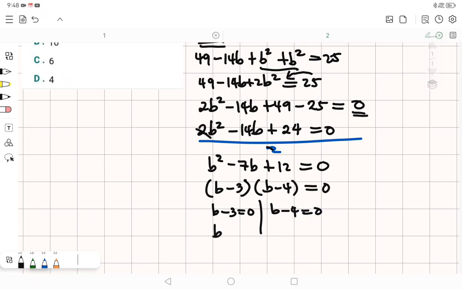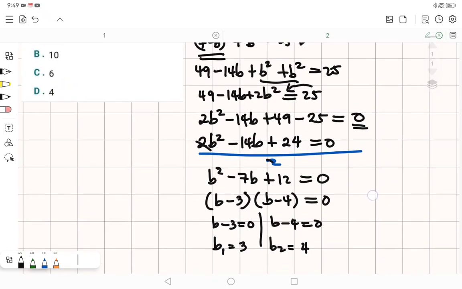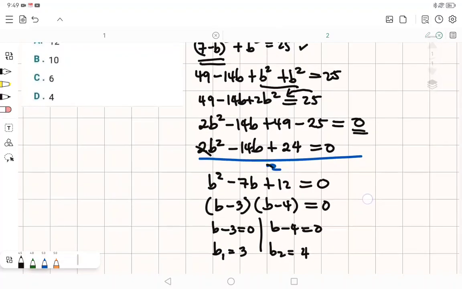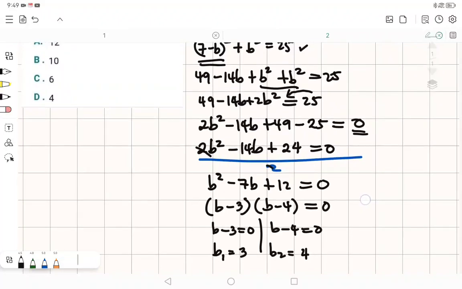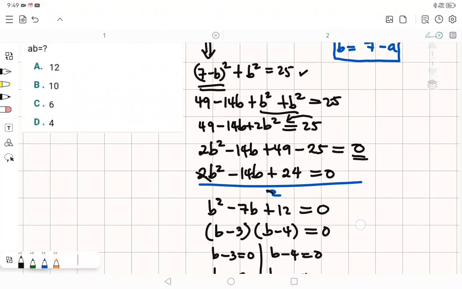So the first value of b is positive 3 and the second value of b is positive 4. Take note, the values are 3 and 4.